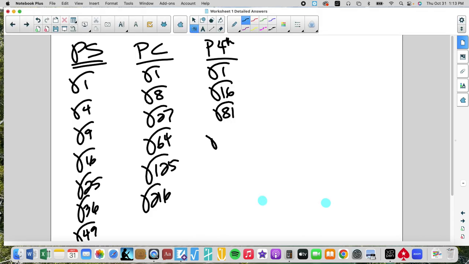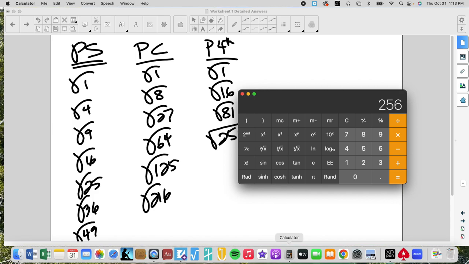Whoa, we jumped real fast, holy moly. Well, we did go 1, 16, 81. And that shows going to the 4th power. And then 5 to the 4th power is 625.